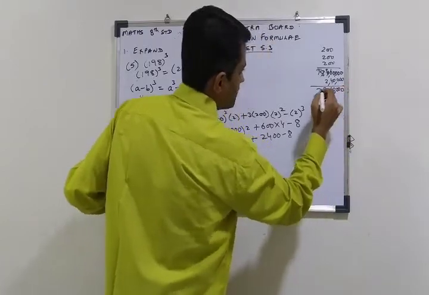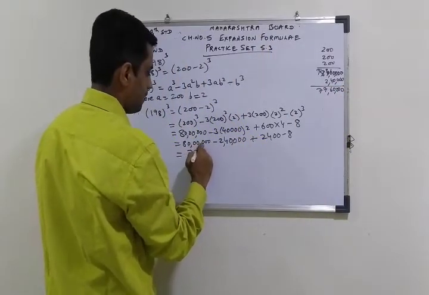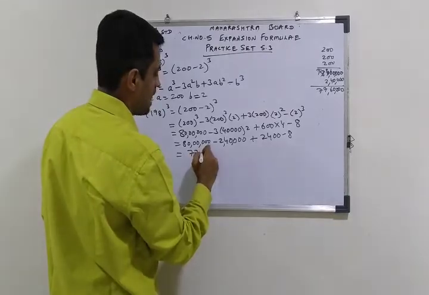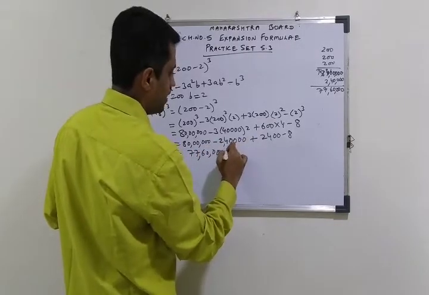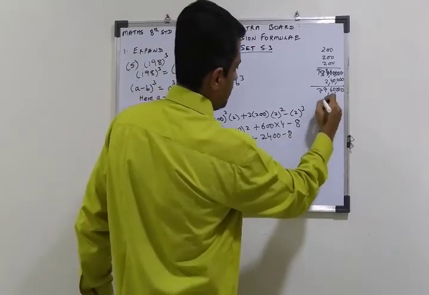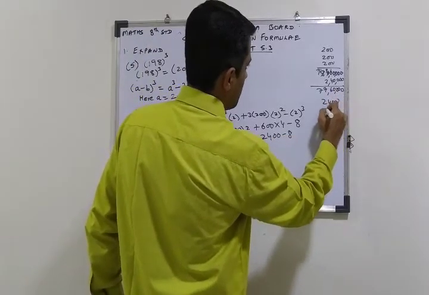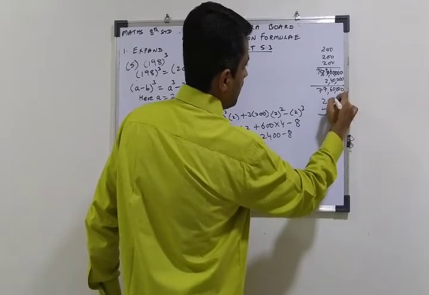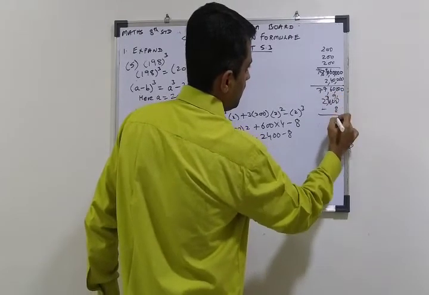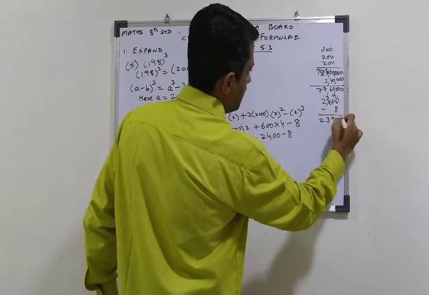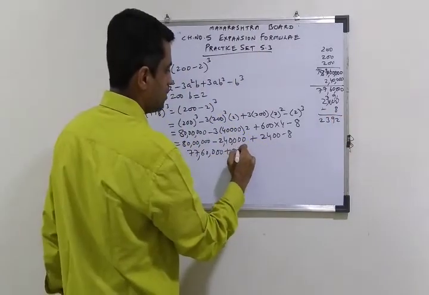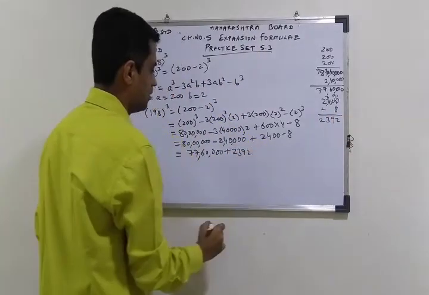We got 77,60,000. Here plus, if you subtract it, 2400 minus 8, 10 9 3. So you get 2, 3, 9. 10 minus 8, 2. So we are adding 2, 3, 9, 2.